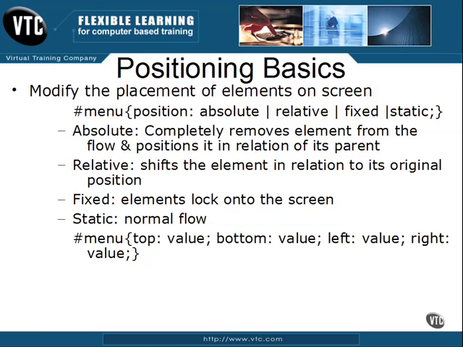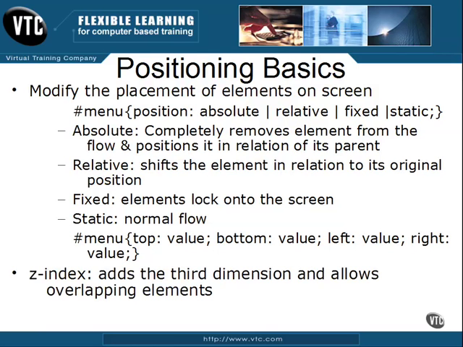Now there is another property that we probably want to take a look at whenever we're using our absolute positioning. The reason why this is going to be so important for us is because this property will allow us to stack objects on top of each other. And that property is the z-index. The z-index is going to add the third dimension to our websites.